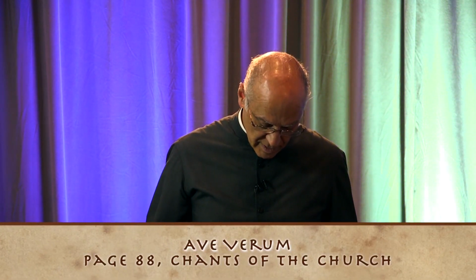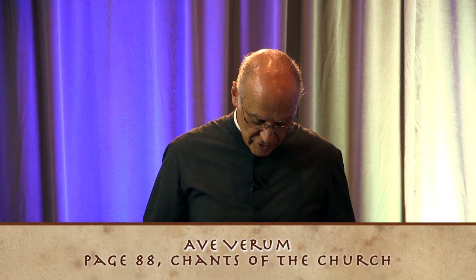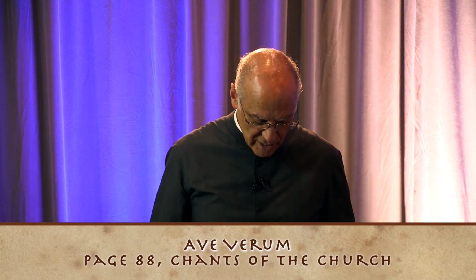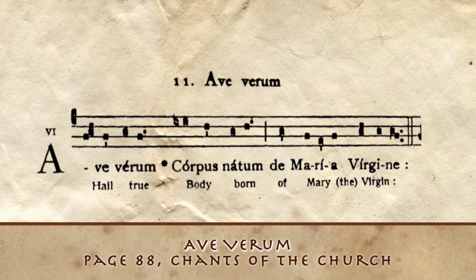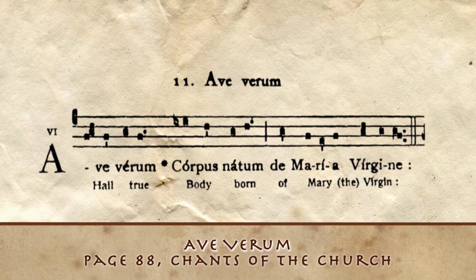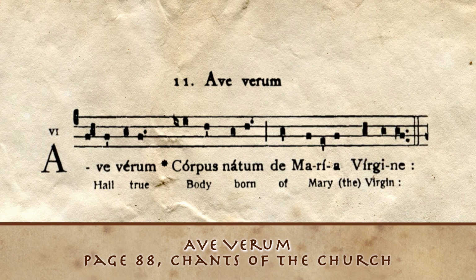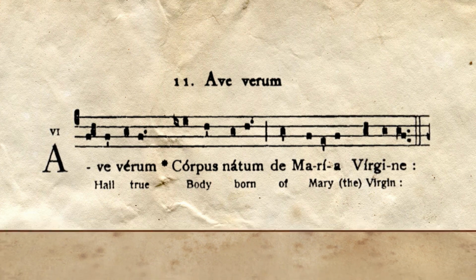An example would be the Ave Verum. We will find that in your Chants of the Church on page 88. There you see, we are in the 6th mode. You see F is our final.